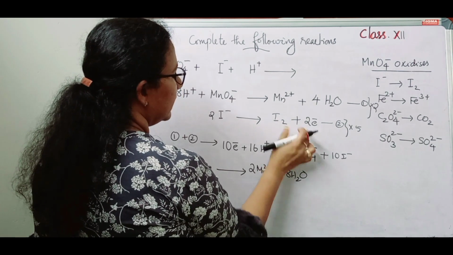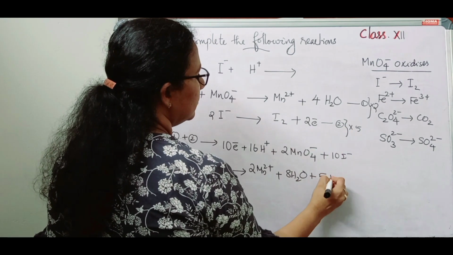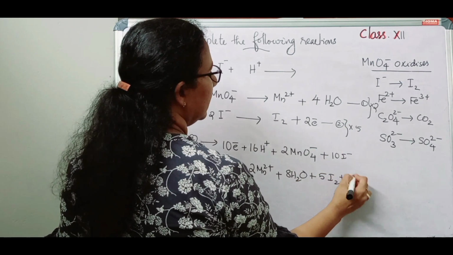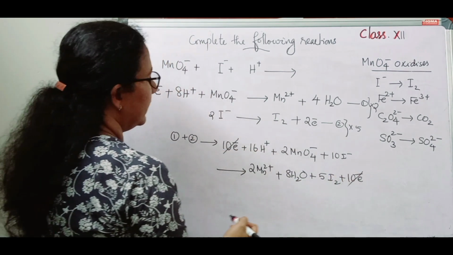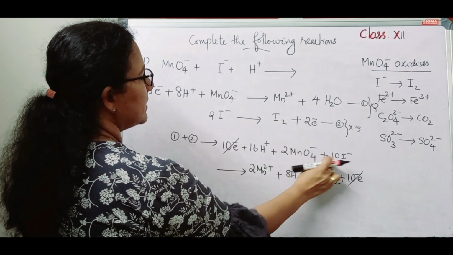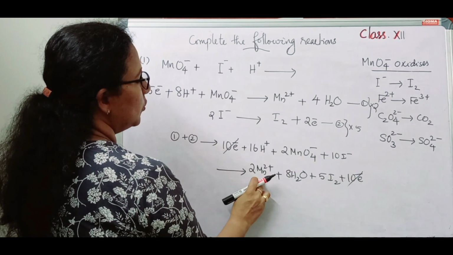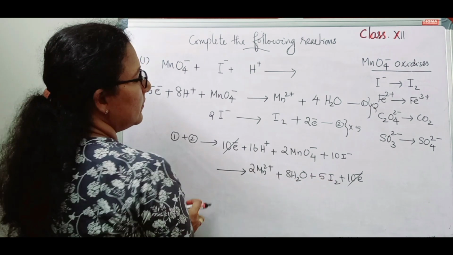Then from the second equation, the right side, that is 5 into I2, 5I2 plus 10 electrons. Then the 10 electrons get cancelled. Then 16H plus, 2 MnO4 minus plus 10I minus gives 2 Mn2 plus, 8H2O plus 5I2. That is the final equation.